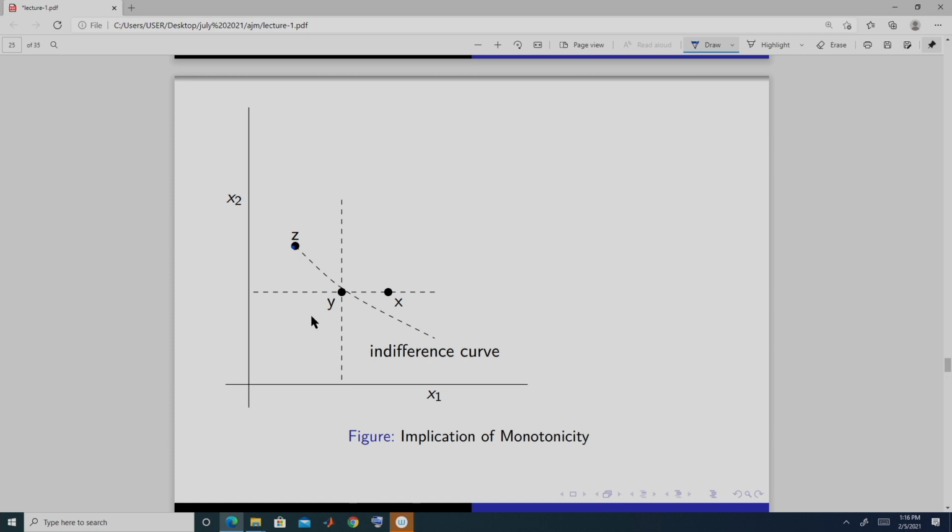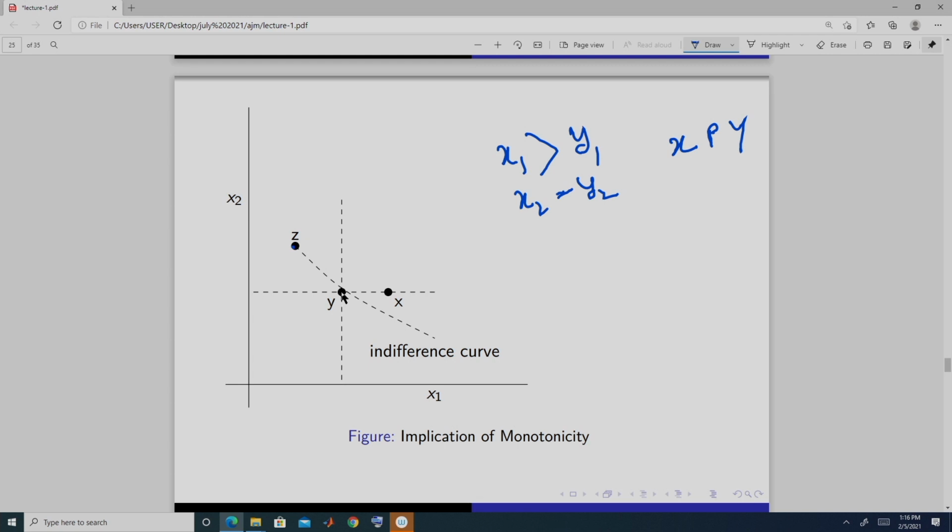If you look at these bundles, you will see that x1 is greater than y1, but x2 is equal to y2, right. So from monotonicity we get x is preferred to y, right.